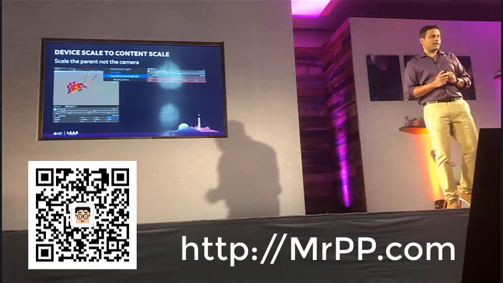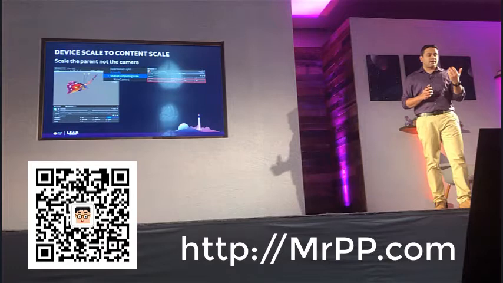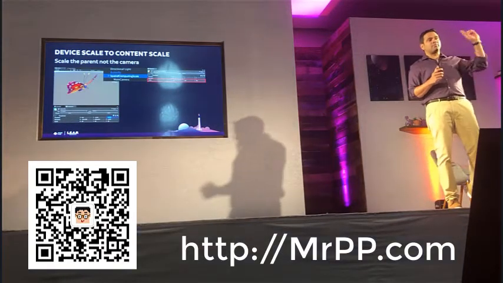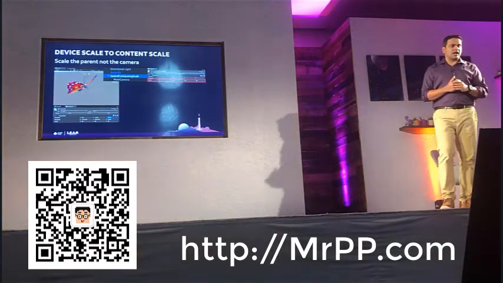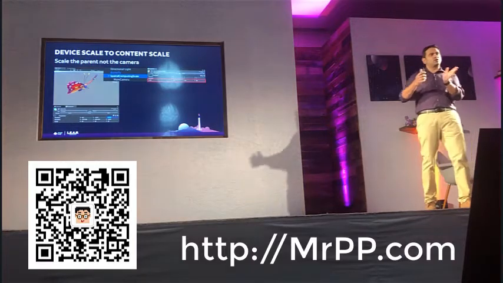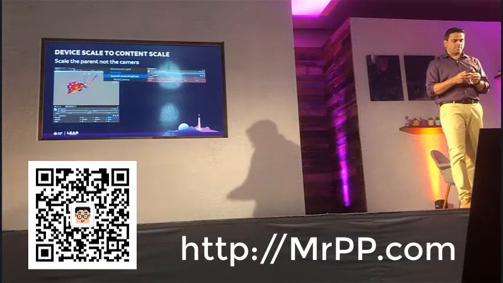The right way to do that is to create a game object and make it a parent of your camera and set the scale on the parent of the camera. Like in this picture, I have set the scale on the parent of the camera to 100 because I'm trying to convert the head position reported in meters to centimeters.